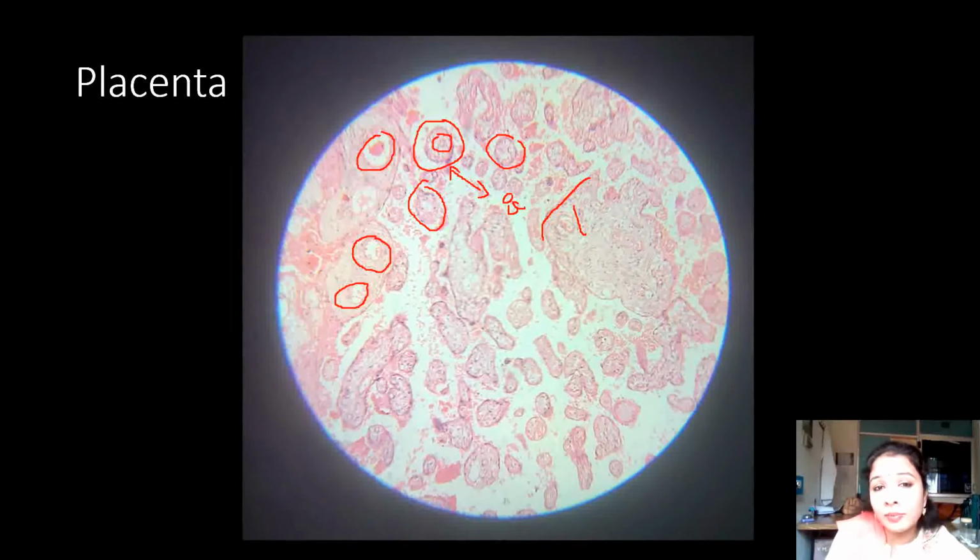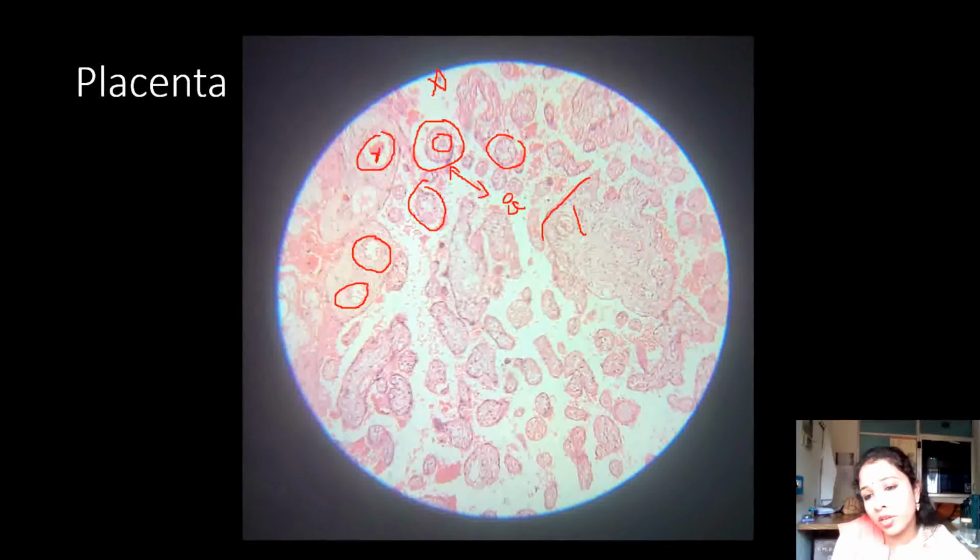So what is the placental barrier? We know the fetal blood is inside the blood vessel, and the maternal blood is present outside. The layers between the fetal blood and the maternal blood are called the placental barrier, which is formed by the lining of the capillaries, that is the endothelium with the basement membrane, then the extraembryonic mesoderm forming the mesenchyme, then cytotrophoblast and syncytiotrophoblast.